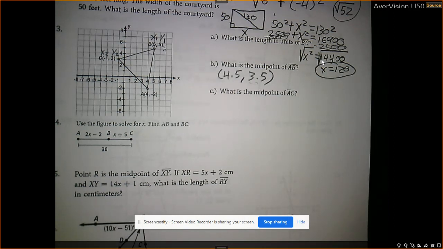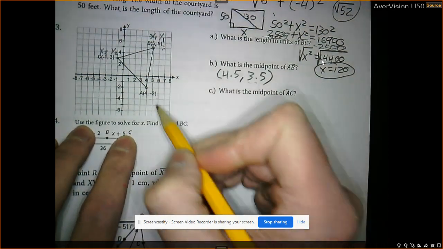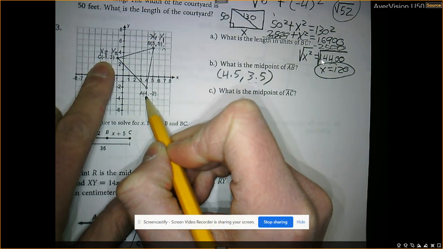Wait, but I got 1.5 for the second. Should be 3.5. Do we want to do C to see the midpoint once more? Yeah, we can do that quick. Okay, midpoint of AC. The x of A is at 4, and the x of C is at -1.